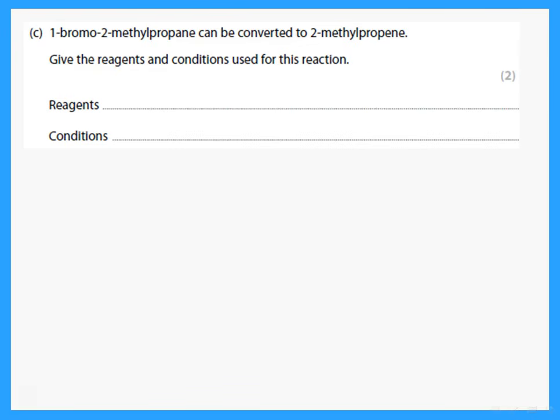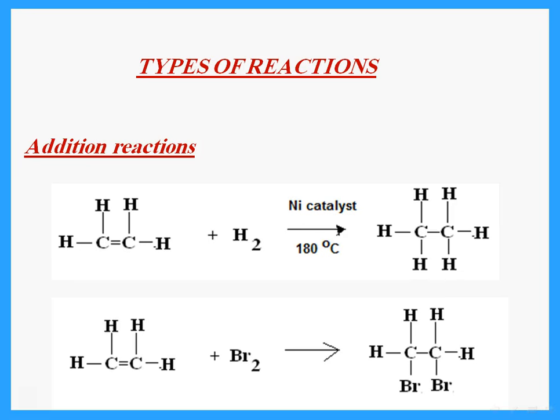Here he's saying 1-bromo-2-methylpropane can be converted to 2-methylpropene. Again, what would be the reagents? The reagent is KOH. The conditions are that it has to be in ethanol and heat under reflux. That's the one that will give the alkene.